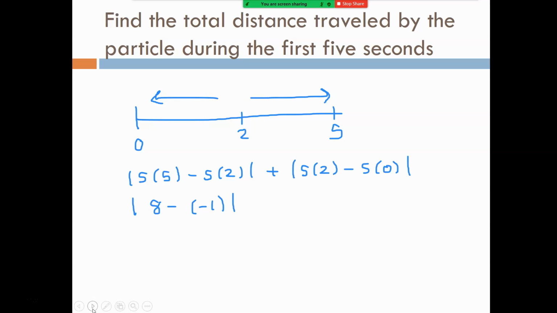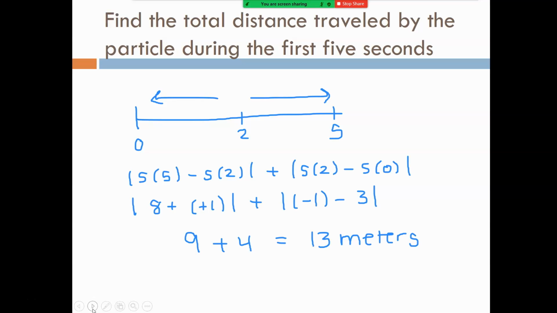So we get 8 plus 1, which is 9, and negative 1 minus 3, which is 4. So the total distance traveled is 13 meters.